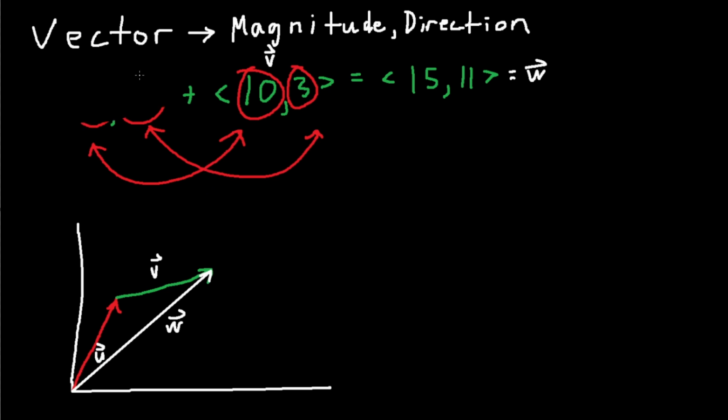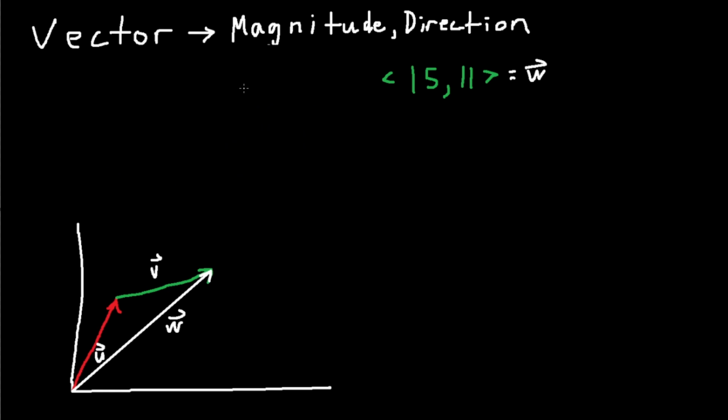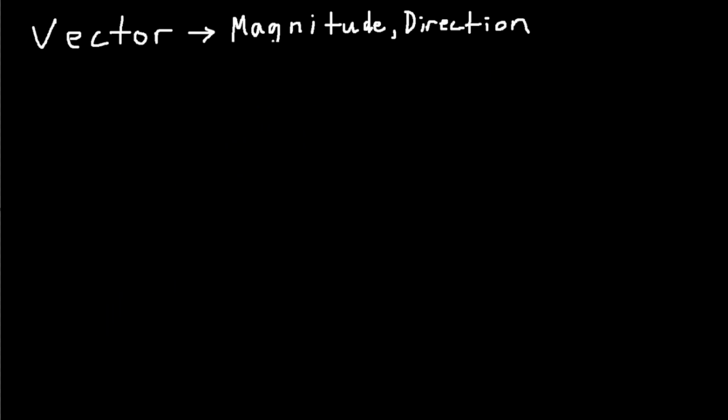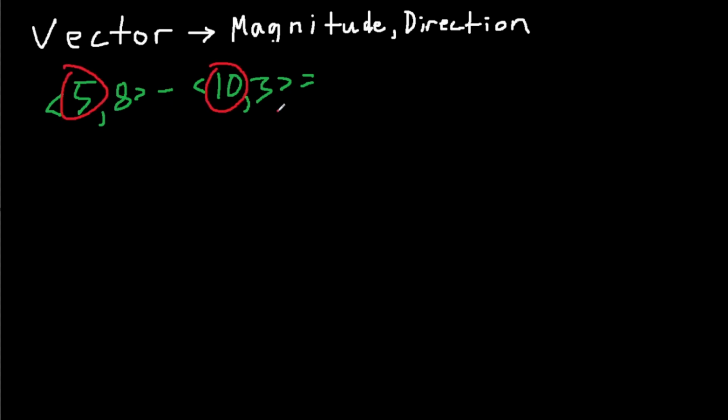When you subtract vectors, let's write down the same things. So the previous one was 5, 8, and let's do minus 10, 3 equal to what? Well, same thing. All you do is just subtract the corresponding values. And what I mean by corresponding, I mean subtract the x values and the y values together.